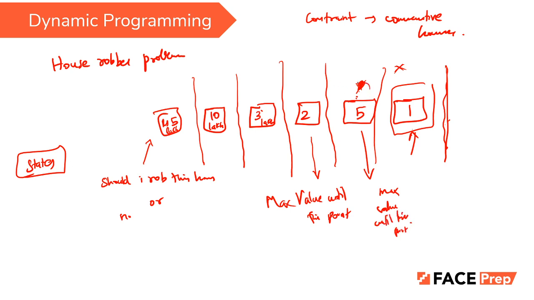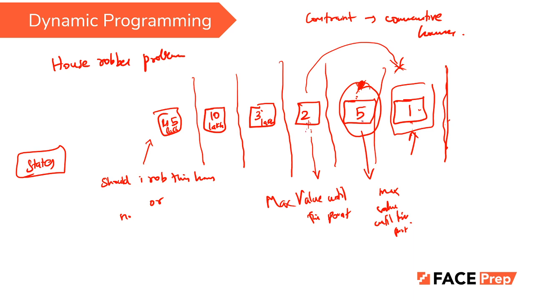Now I need to compare the max value until this point to the max value until that point plus the value here. Are you guys following this? It is a recursive algorithm we are building. To decide whether to rob this house or not, I look at the max profit made till this point.